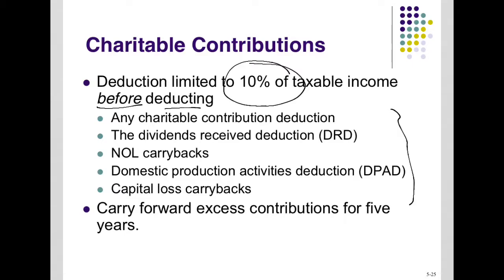And of course, before deducting the charitable contribution makes sense. Dividends received deduction, which we did learn about. We'll go over that again in a second. And operating loss carrybacks. The domestic production activity deduction, which we learned about earlier in the semester, and capital loss carrybacks. So you make these adjustments to figure out your taxable income, where your limit is 10% of the taxable income before deducting these items. That's basically what you're doing.